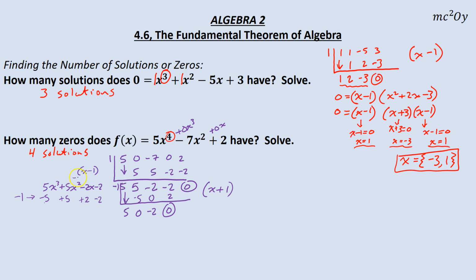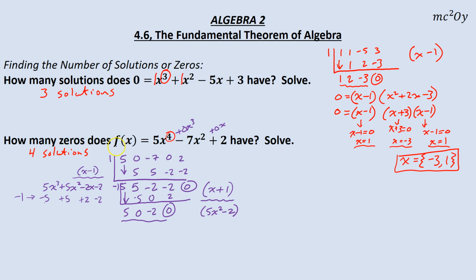So we have x minus 1. We have x plus 1. And now we have this quadratic right here, which is 5x squared minus 2. And so if I'm keeping with what I'm doing, I'll write it over here. 5x squared minus 2. Now, since it's a quadratic, I'm not going to worry about doing any more synthetic division.